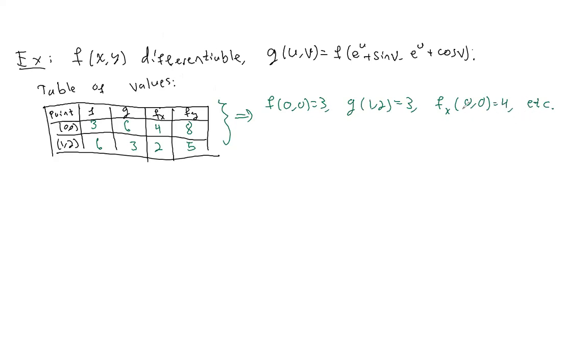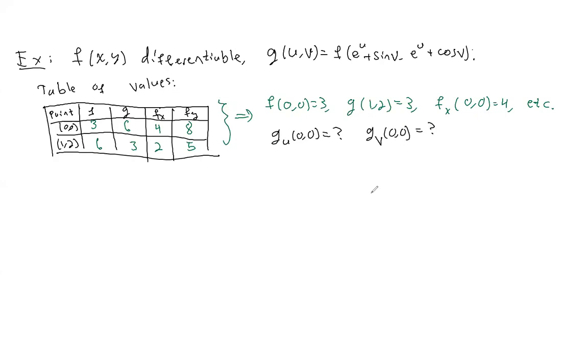So that's how we're going to use this table to figure out what all these different values are. And here's what we want to find. We want to find gu of 0, 0, and we want to find gv of 0, 0.